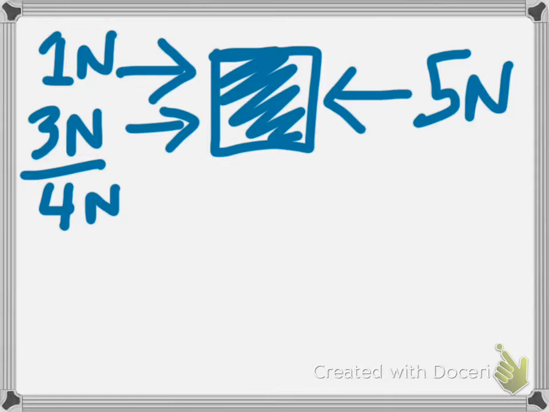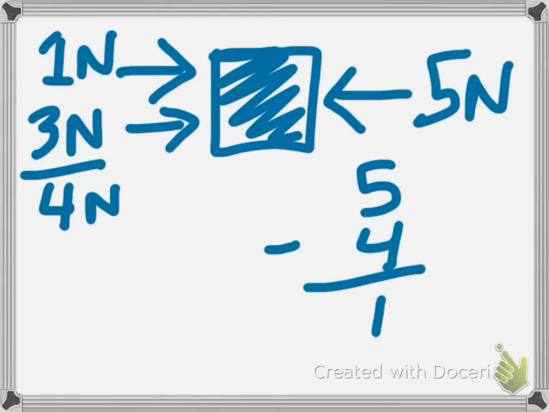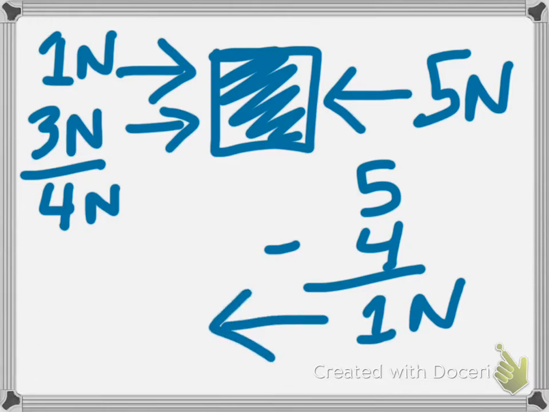And over here we've got 5 newtons, so they're not equal, so it's unbalanced, so there will be movement. And we get the total of the greater force, 5, minus the total of the lesser force, 4, 1 newton. So the net force is going to be 1 newton pushing towards the left.